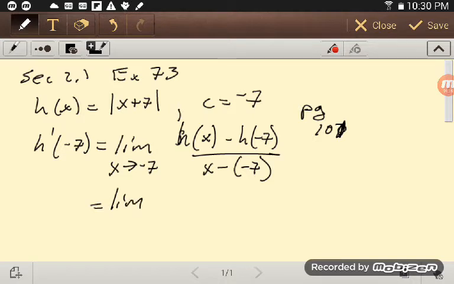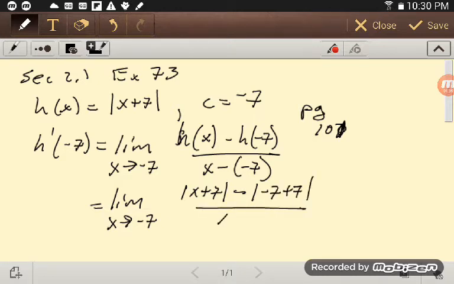So here's our limit as x goes to -7: the absolute value of x plus 7 minus the absolute value of -7 plus 7. Well, that's just going to be 0 over our x plus 7. And so that's convenient.